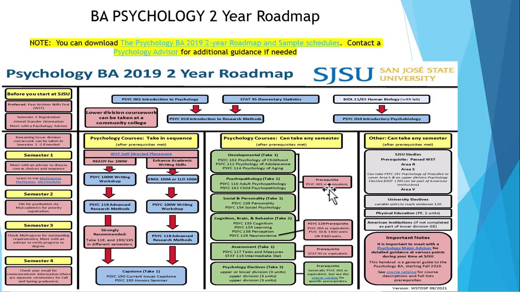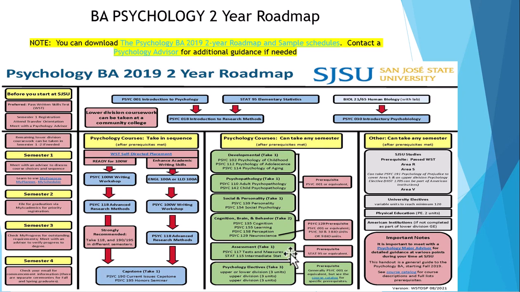The only exception to that is our neuroscience class, Psych 129. For 129, you have to have completed Psych 1 and Psych 30, which is the psychobiology course, and 3 units of biology, which for most psych majors will be Bio 21 or 65. So Psych 129 neuroscience has additional prerequisites.